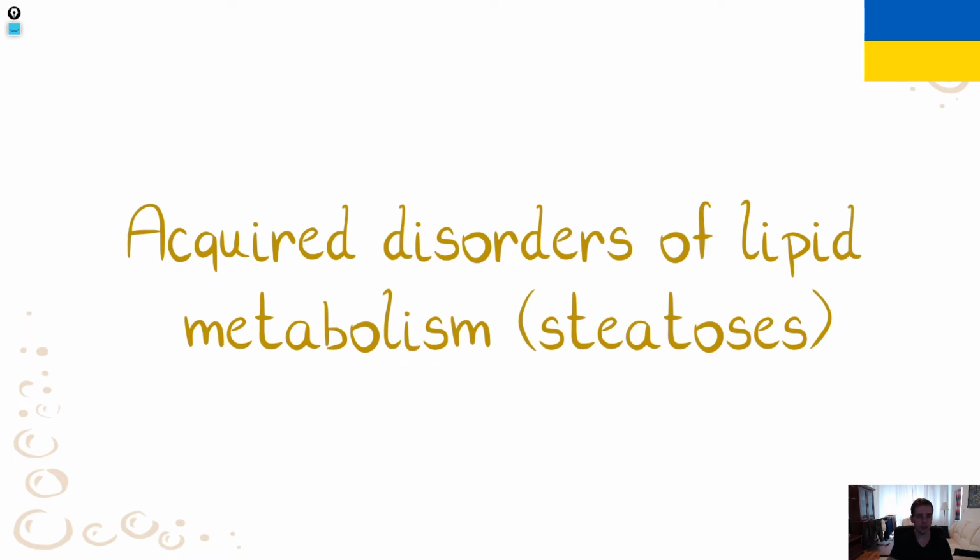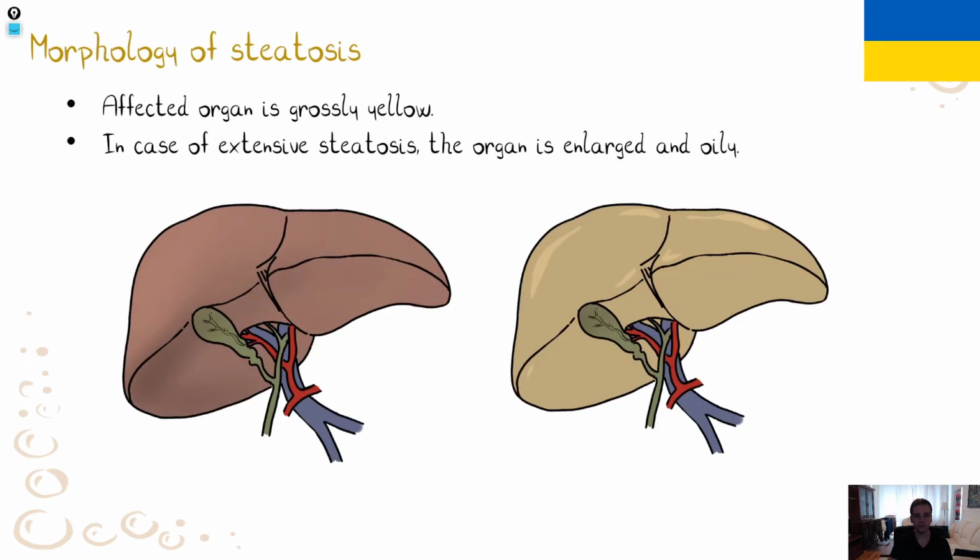We will start with acquired disorders. How does it look like? If the steatosis is severe enough, the affected organ is yellow on gross examination, and in case of really extensive steatosis, the organ can be even enlarged and oily on the cut surface.